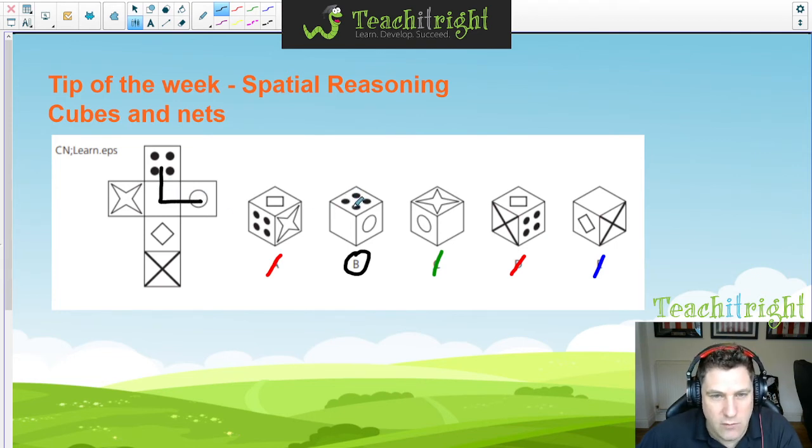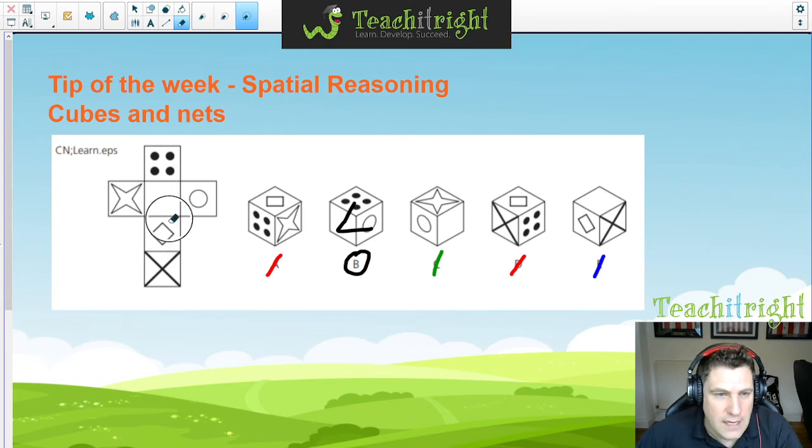And there we are, we've got the L shape created on our cube. So that's one of the things to think about: is there an L shape that's being created? Obviously if we've got 3 faces in a long line together, like here where we've got the 4 dots, the blank and the quadrilateral, that couldn't happen on a cube. We can't have 3 faces all in a line here.